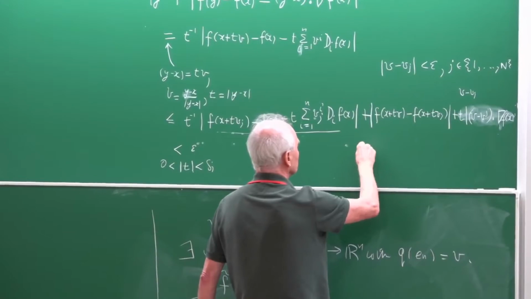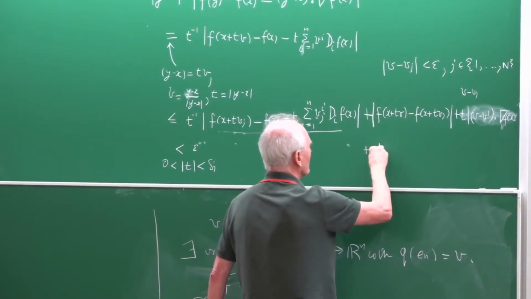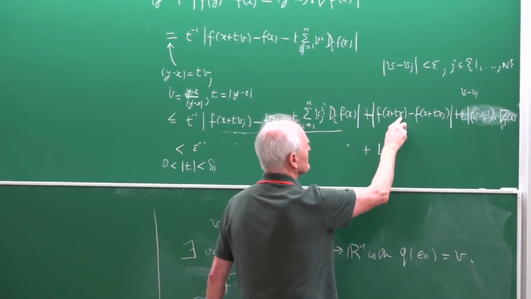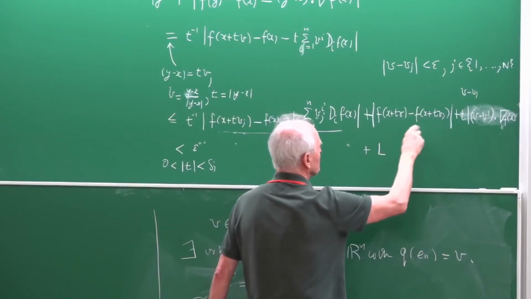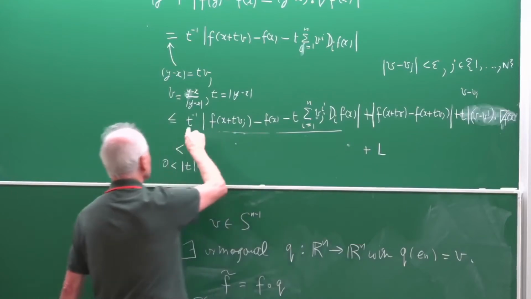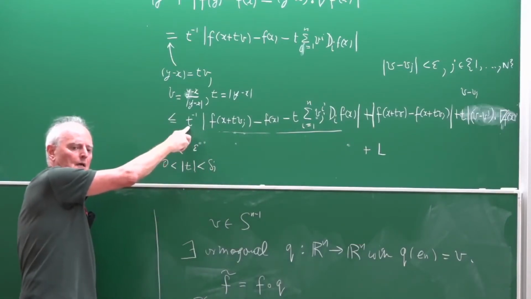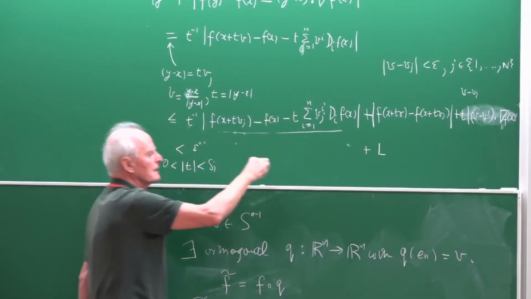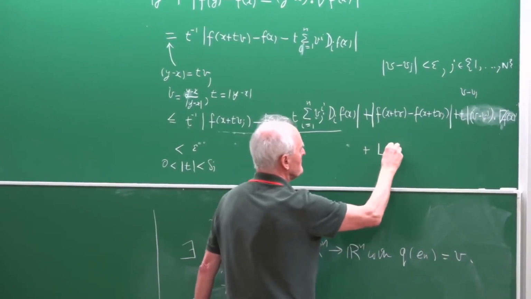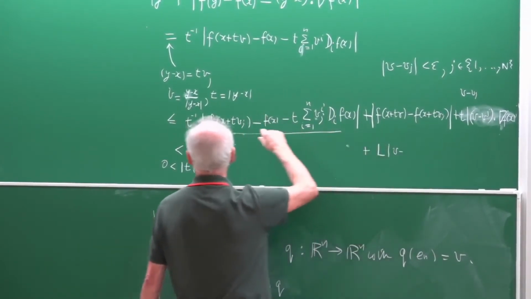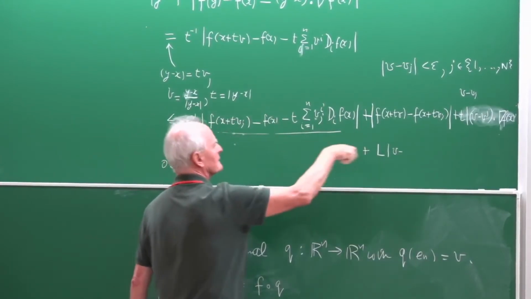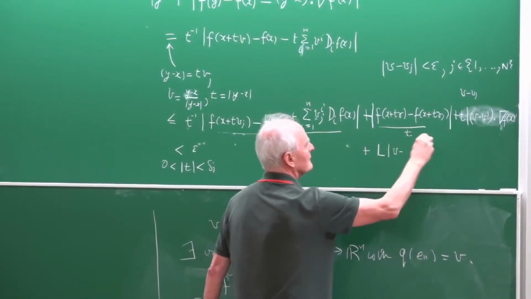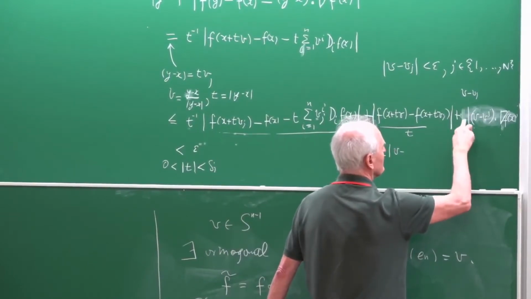Well, it's less than or equal to L times the distance between v and v_j times t, but the t's cancel, so it's just less than L times the length of v minus v_j. Oh, look what I did here. I put in the absolute values, but I forgot to put in the 1 over t's. Likewise here. So that t cancels out.